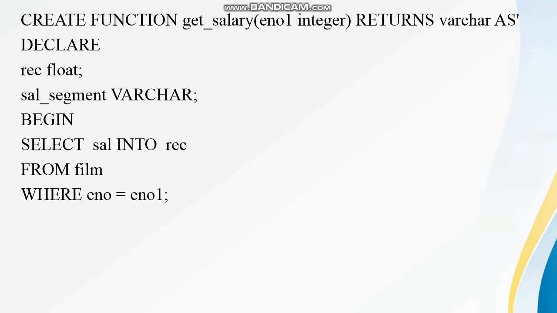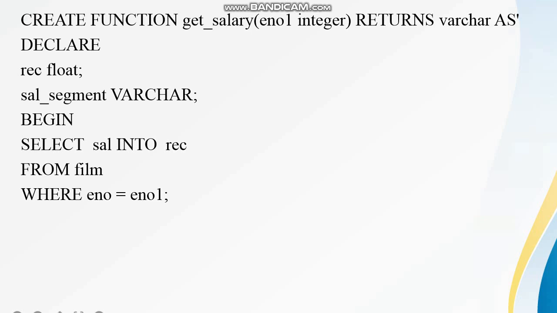I am declaring e number 1 in the create function command itself. Returns varchar, since this entire function is going to return something in the form of varchar or text, right? Declare. What have I declared here?